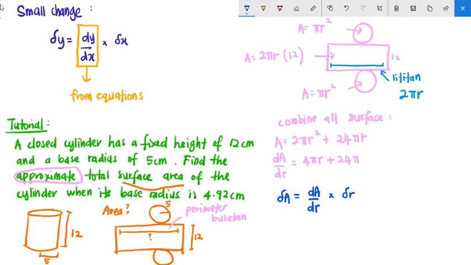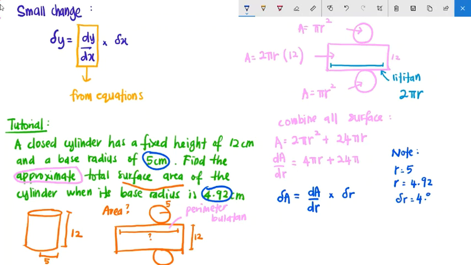Okay, radius 5 change to 4.92. Okay, so untuk R note sikit lah kat sini. R daripada 5 jadi, final R dia jadi 4.92. So dr dia mesti final minus yang initial.